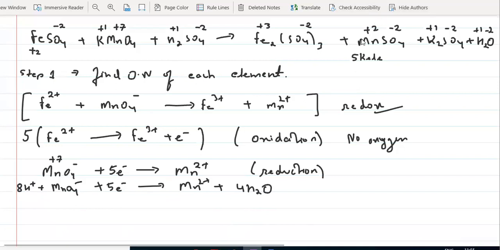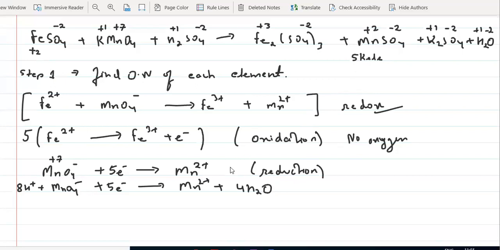Nishita, I just said after balancing the electrons, we will balance the oxygen. In the oxidation reaction we don't have oxygen, so we need not balance. But in the reduction reaction, we have 4 oxygen on the reactant side, so I should have 4 oxygen on the product side also.